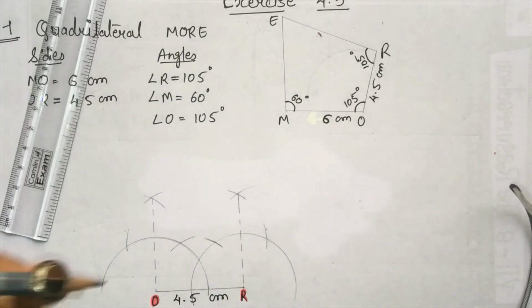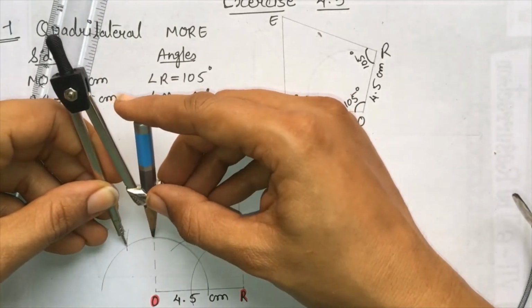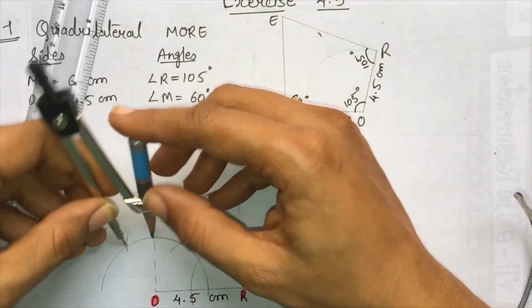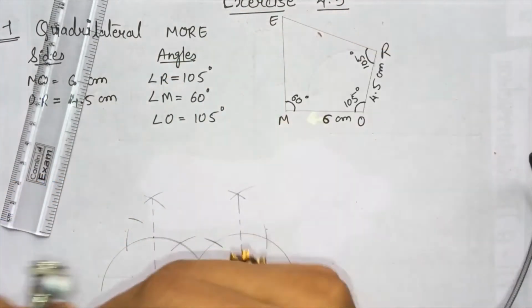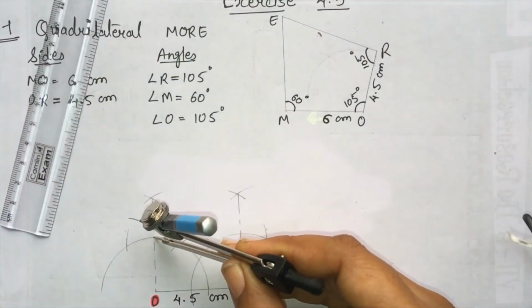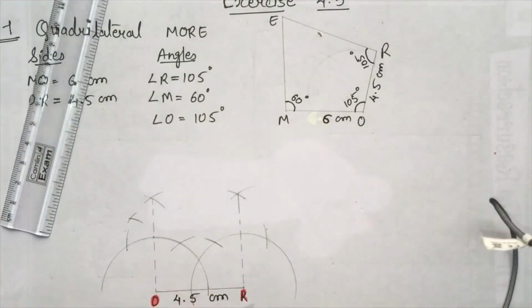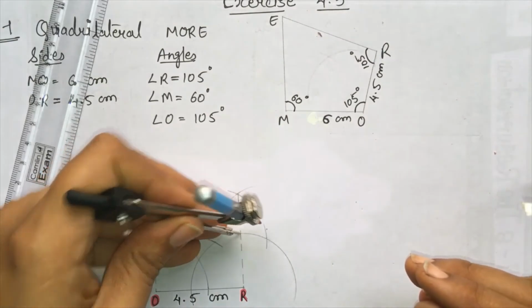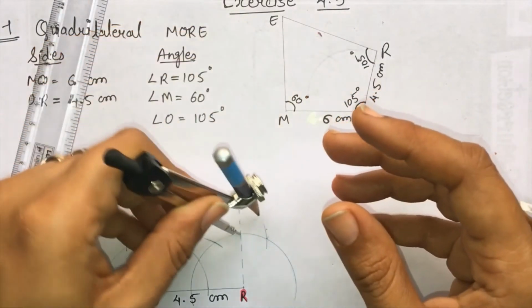Now for 105 we will take the new radius, which is the distance between these 2 points. This is one arc, okay, and from here another arc. Same way, this will also be the same, but still let's measure it. Yes, it is the same.